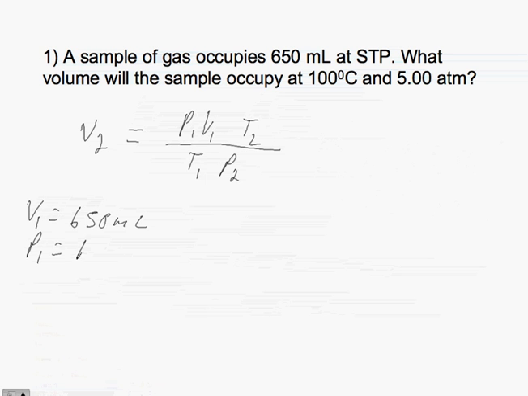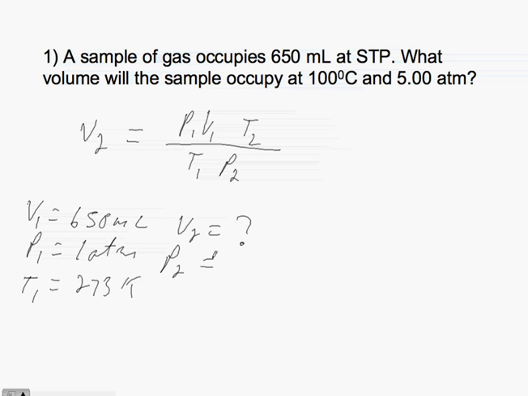P1 is equal to 1 atmosphere. T1 is equal to 273 Kelvin. V2 is what we're looking for. We're told that P2 is equal to 5.0 atmospheres and that T2 is equal to 373 Kelvin.